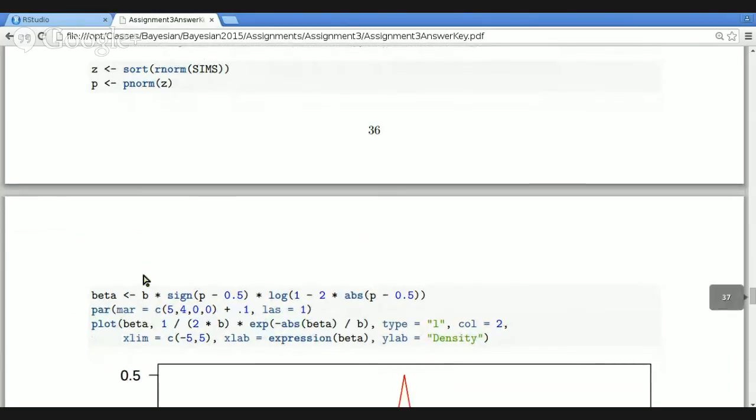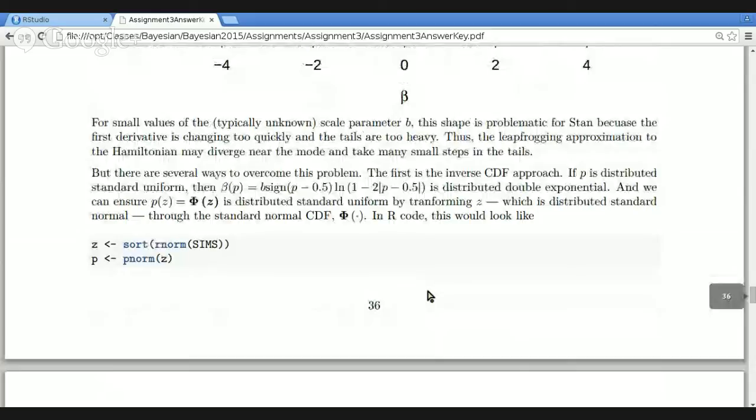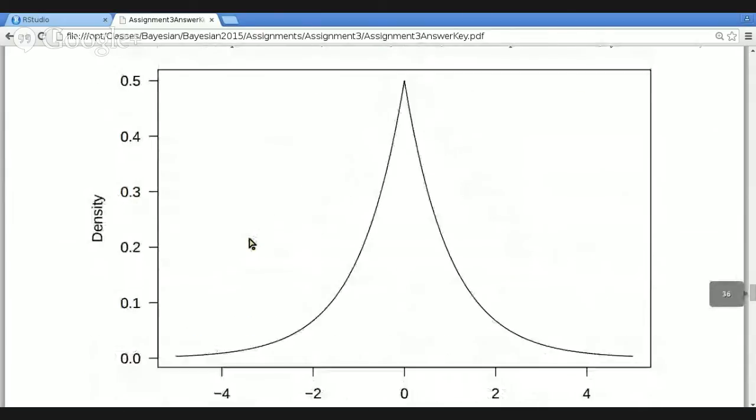And then we can use the inverse CDF function for the double exponential distribution, which is probably easier to read here. It involves the sign of p minus 1/2 and the absolute value of p minus 1/2, etc. That construction will produce a transformed parameter beta that has a double exponential distribution.